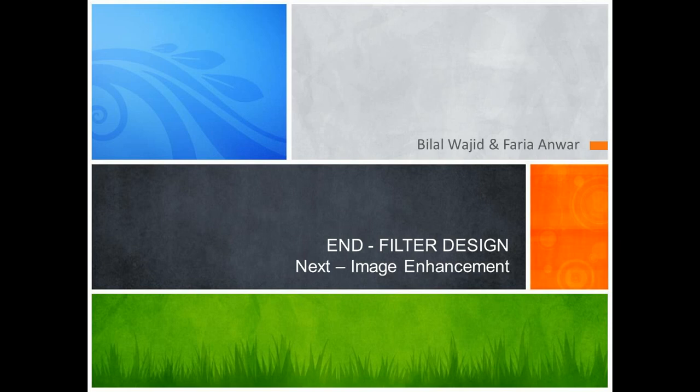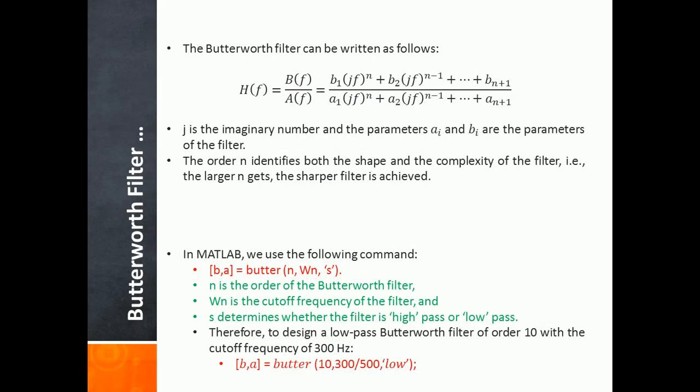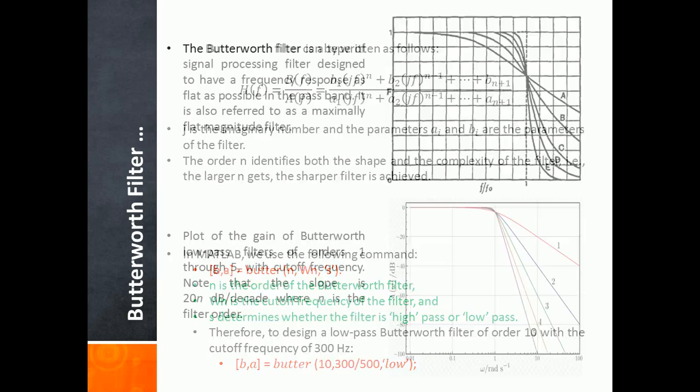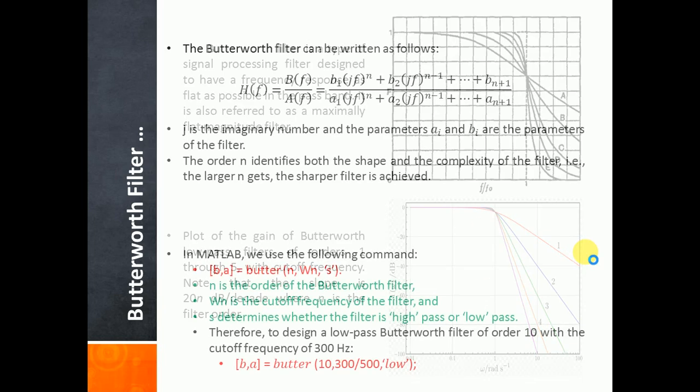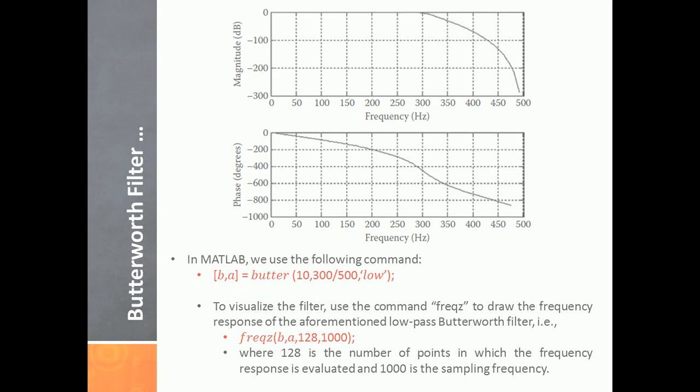They will keep on coming. This is what the generic equation looks like. It has an order associated with it. The higher the order, the steeper the slope from the allowed zone to the zone which is not allowed. So the steeper the better. And that's pretty much for this lecture.